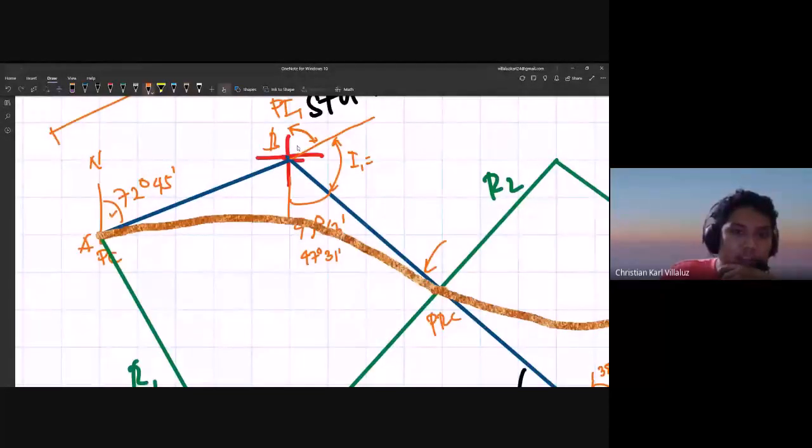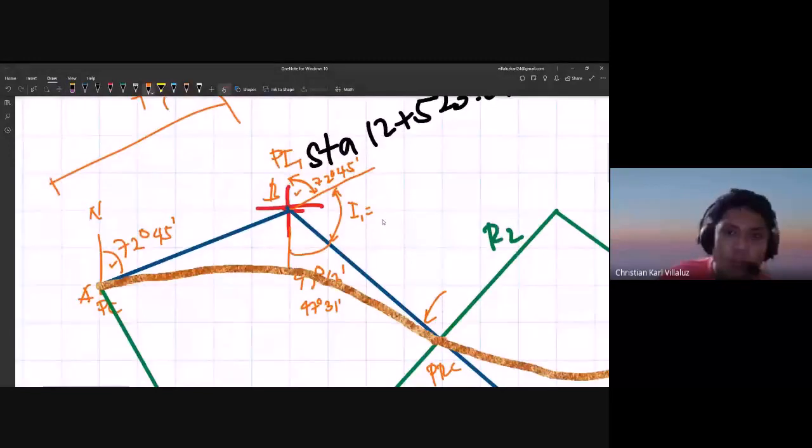Kaya this is 72 degrees 45 minutes. So, kung may angle ka dito, when we add the three angles, it will have a total of 180 degrees. So, para mahanap yung angle of intersection of the first curve, just subtract those angles sa 180 degrees. Para yung matira, yun yung I1.